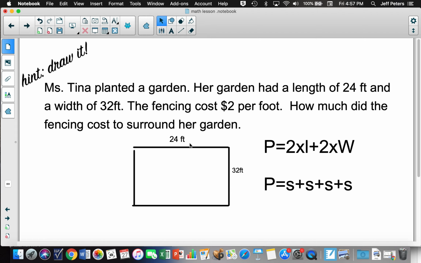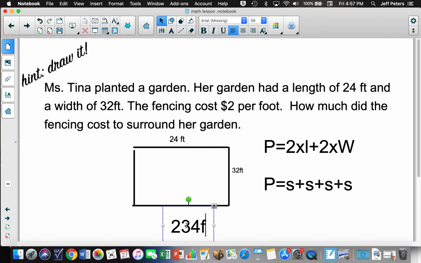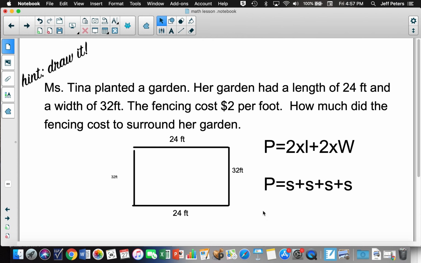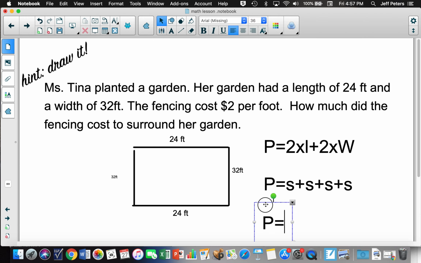So again, just like we've been talking about over the last couple of weeks, opposite sides of a rectangle are equal. So if one side is 24, the opposite side is also 24. And then the same thing with our 32 on the opposite side. We're going to make sure that we fill that in as well. So now we can go ahead and fill into our formula.